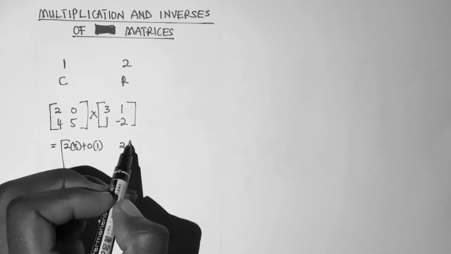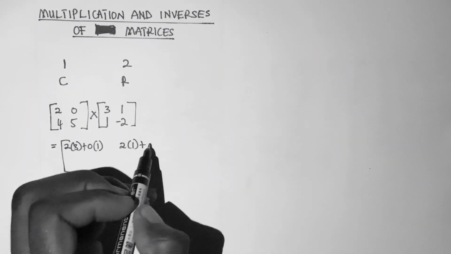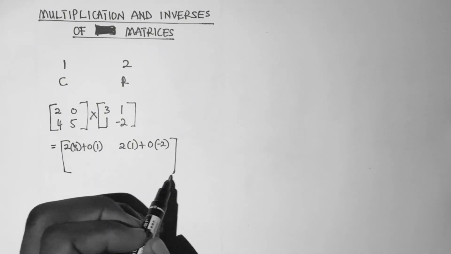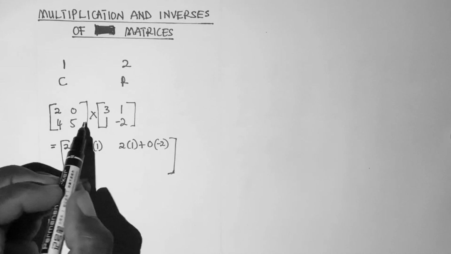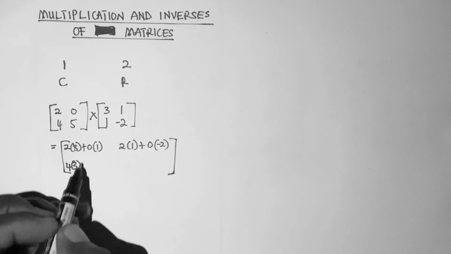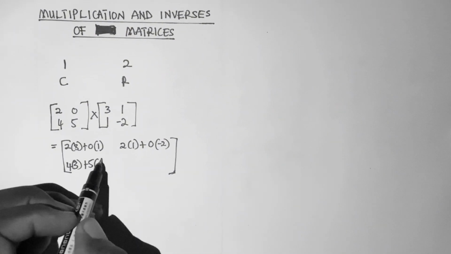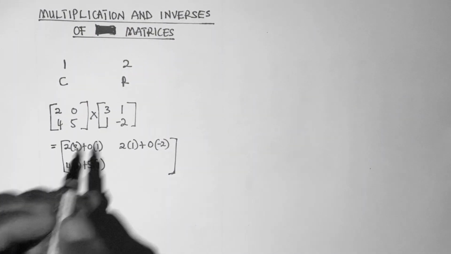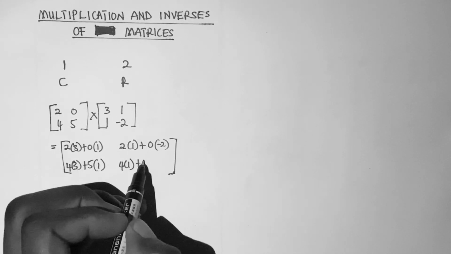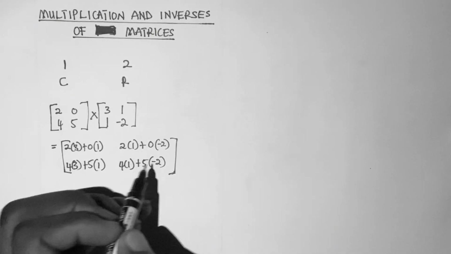So here will be 2 times 1, then plus 0 times minus 2. So bracket close. And then here is going to be 4 times 3, and then plus 5 times 1. Then you multiply by this last column. So 4 times 1, and then plus 5 times minus 2.